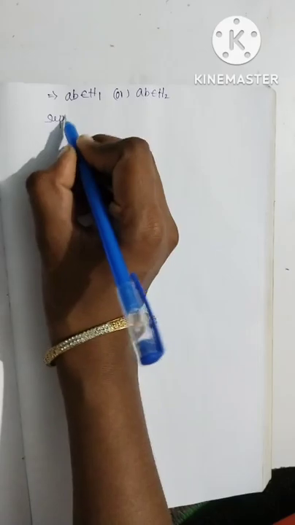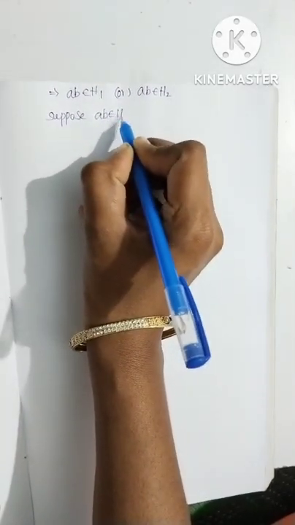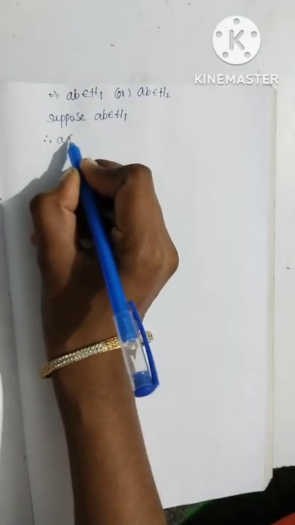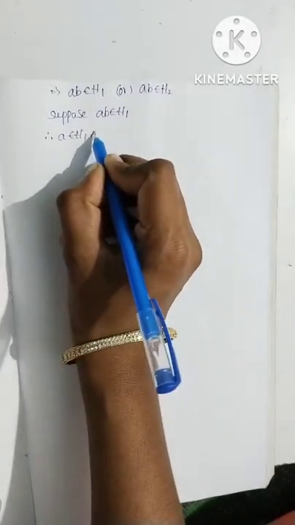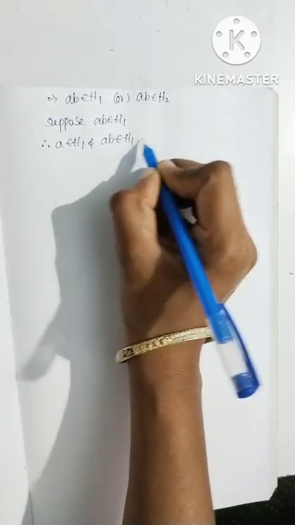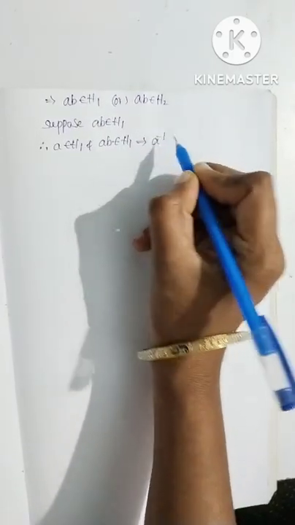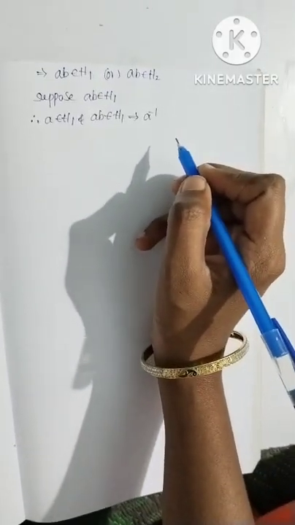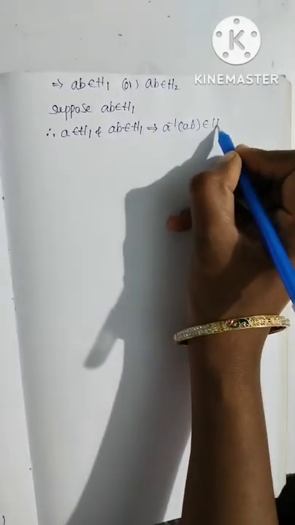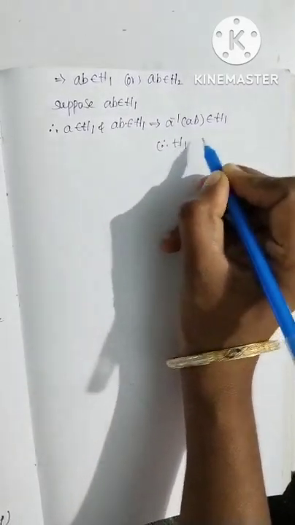Suppose AB belongs to H1. Then A belongs to H1 and AB belongs to H1. This implies A inverse B belongs to H1, since H1 is a subgroup.